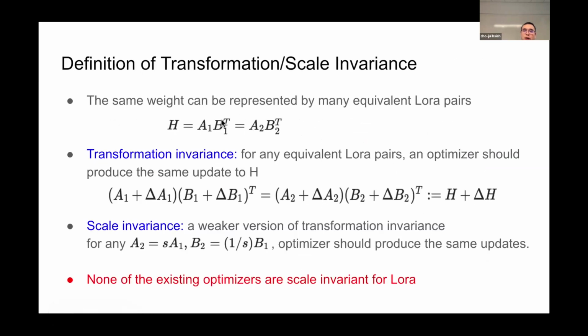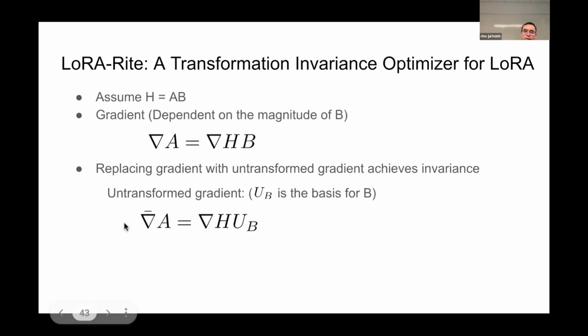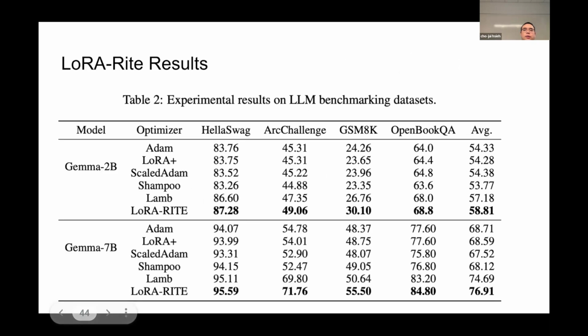No matter how you parameterize A1, B1, you always get the same untransformed gradient. Using this untransformed gradient, we can do the update, which becomes transformation invariant. And these are the results. By just changing the optimizer to this new one, we can improve performance significantly, especially on harder generation tasks like math reasoning.